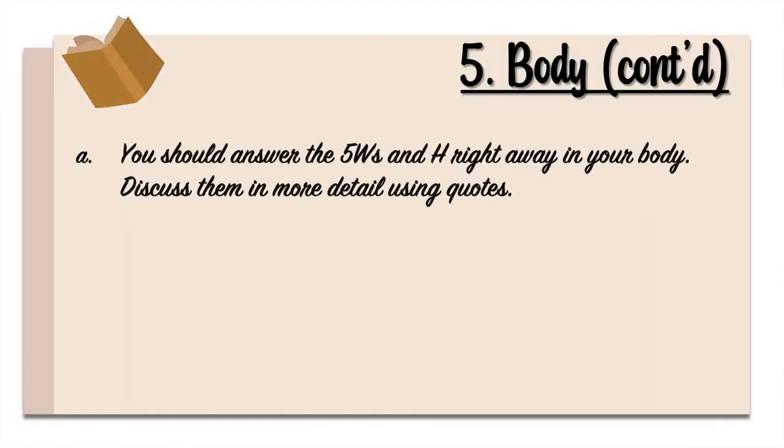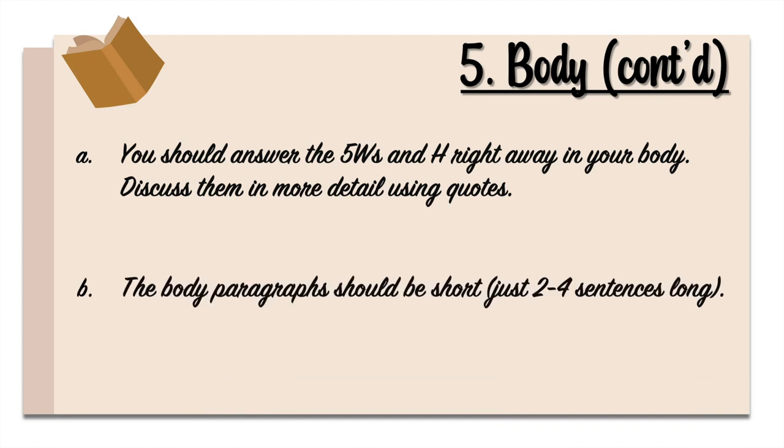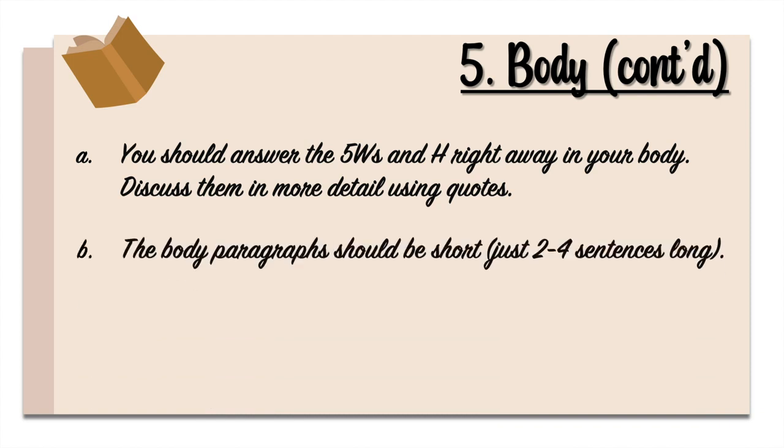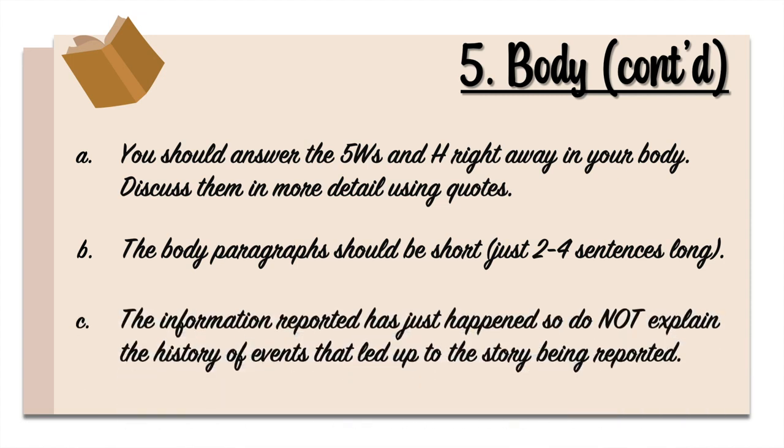You should answer the 5 W's and H right away in your body. Discuss them in more detail using quotes. The body paragraphs should be short, just 2 to 4 sentences long. The information reported has just happened. So do not explain the history of events that led up to the story being reported.